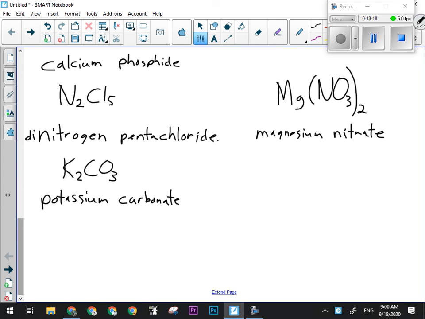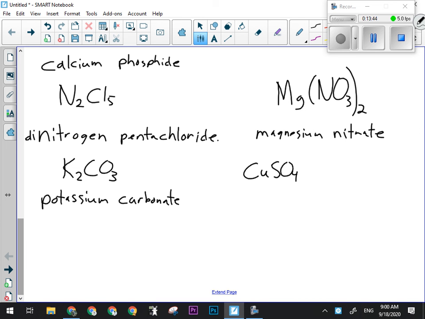Okay, what if I have this one? Okay, is that ionic? Yes, copper's a metal, okay? And there's more than 2 elements in this, so it also has a polyatomic ion. What else is it going to need?